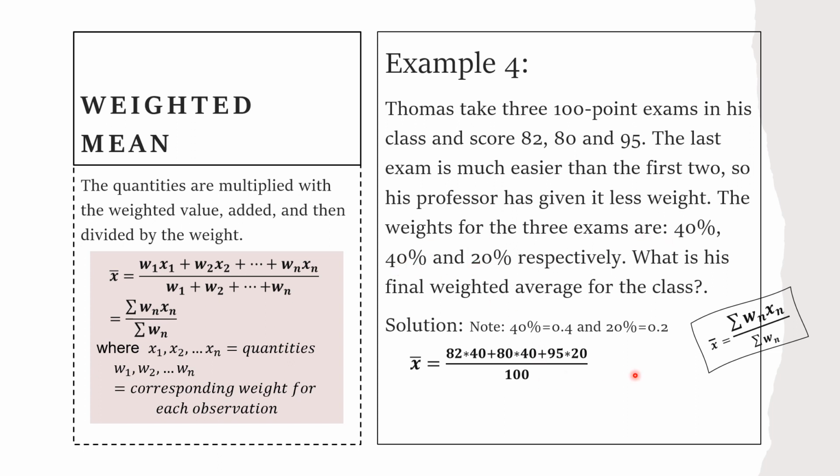Or you may compute the weighted mean by using the decimals. We have 82 times 0.4 plus 80 times 0.4 plus 95 times 0.2. Therefore, the weighted average for Thomas is 83.8.